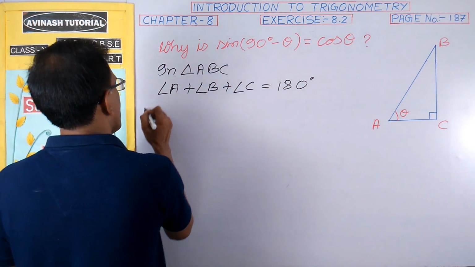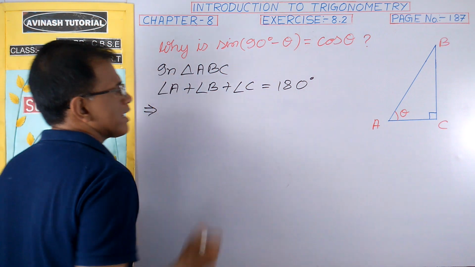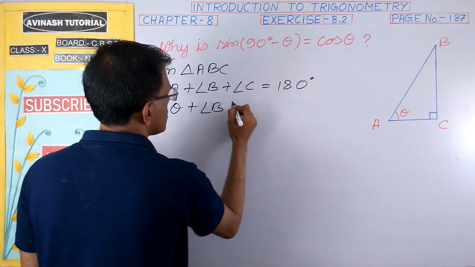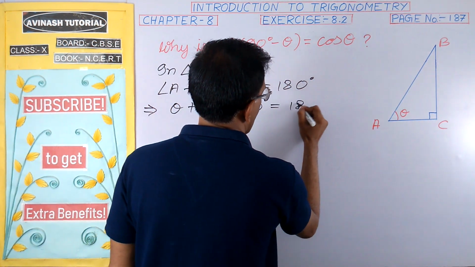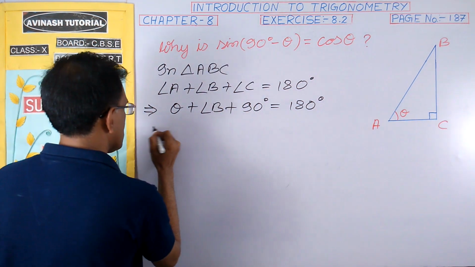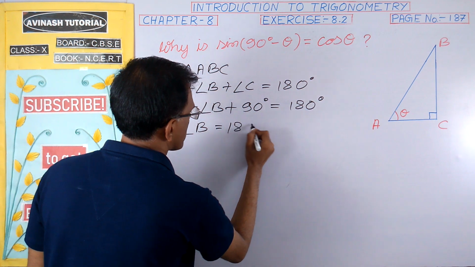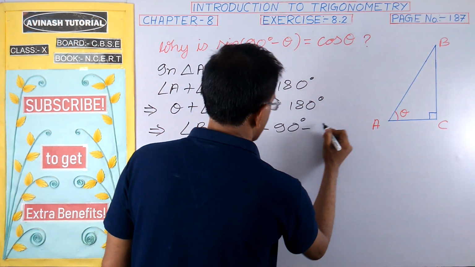Now let us put the value of each angle. See, angle A is theta, angle B we don't know, angle C is 90 degrees, and the sum is equal to 180 degrees. This implies that angle B is equal to 180 degrees minus 90 degrees minus theta.